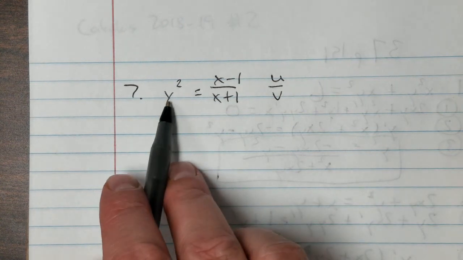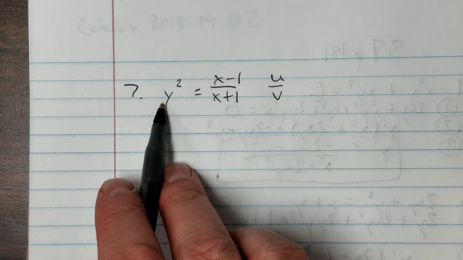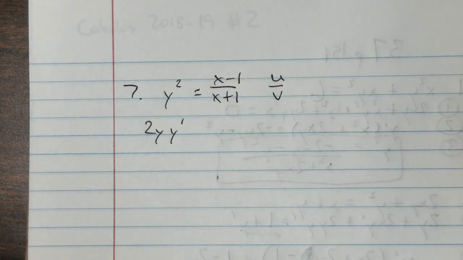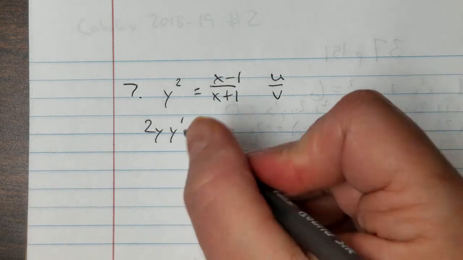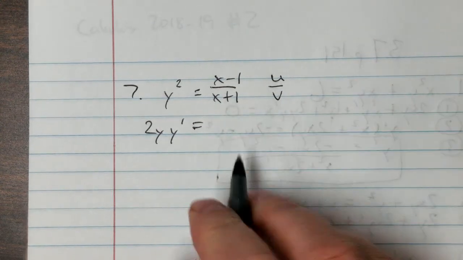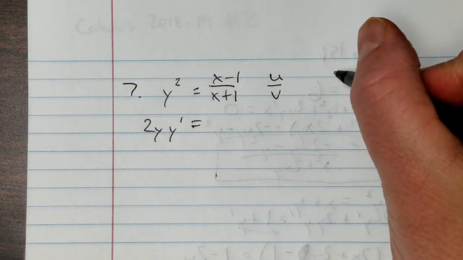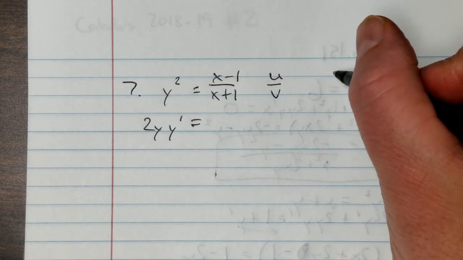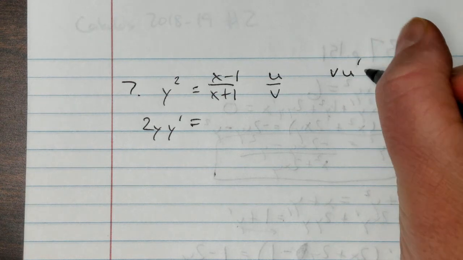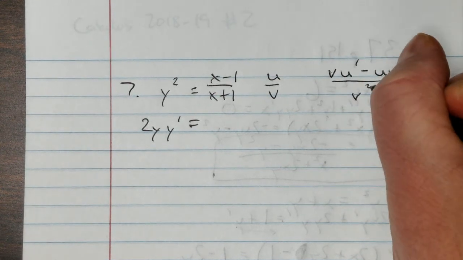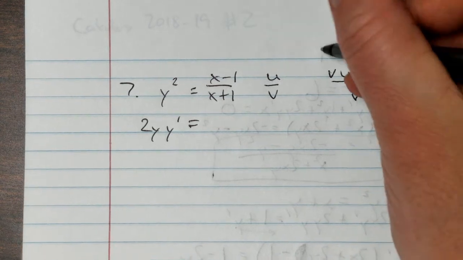Our derivative of y squared would be 2y and then y prime. And then for this part, it's basically v times u prime minus u times v prime all over v squared. This is your quotient rule.